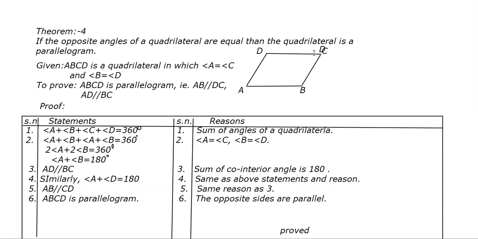Now in the place of A we can write C, or in the place of C we can write A, and in the place of B we can write D, in the place of D we can write B. So A plus B is 180, or A plus D. Since A plus B is 180, these two are parallel, and since A plus D is 180, DC and AB are also parallel. Now opposite sides are parallel, that is why it is a parallelogram.